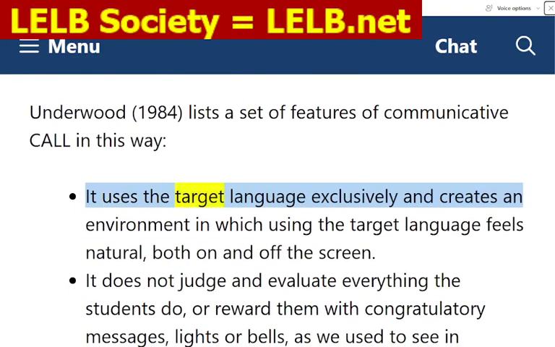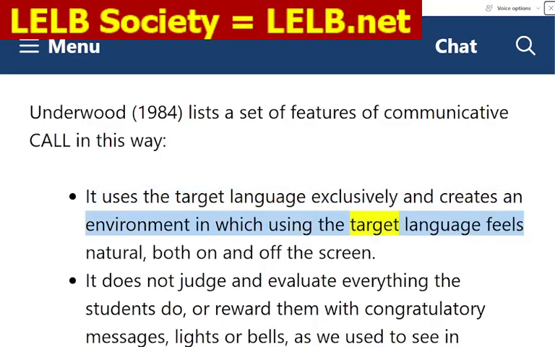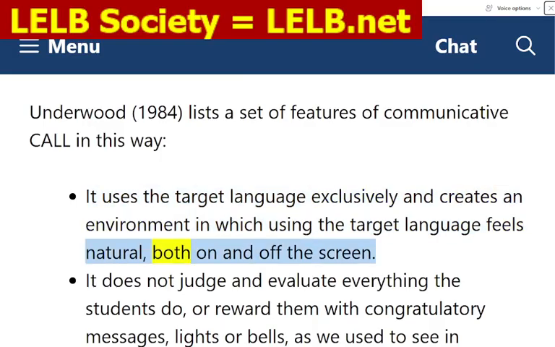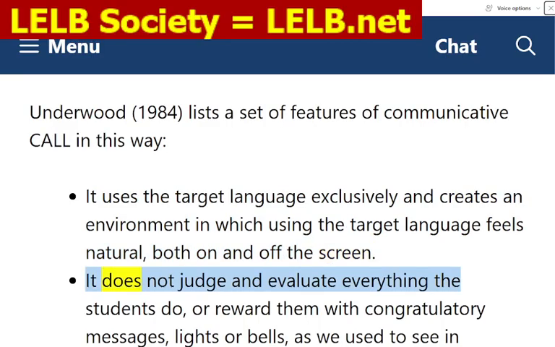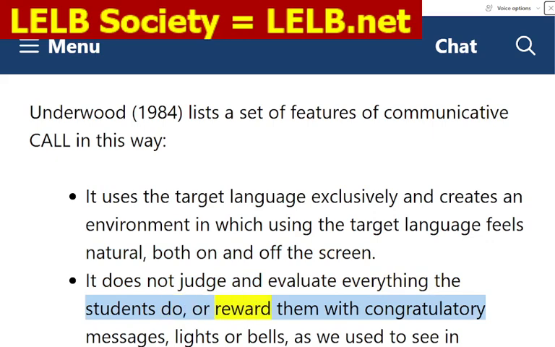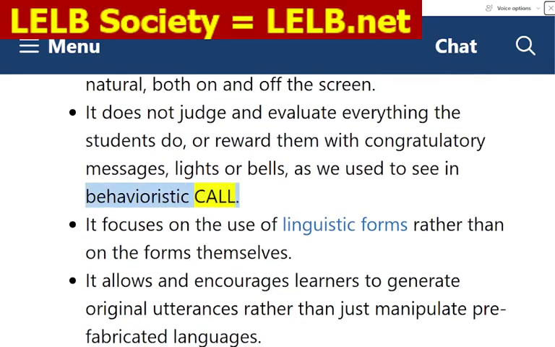It uses the target language exclusively and creates an environment in which using the target language feels natural, both on and off the screen. It does not judge and evaluate everything the students do or reward them with congratulatory messages, lights, or bells, as we used to see in behavioristic CALL. It focuses on the use of linguistic forms rather than on the forms themselves.